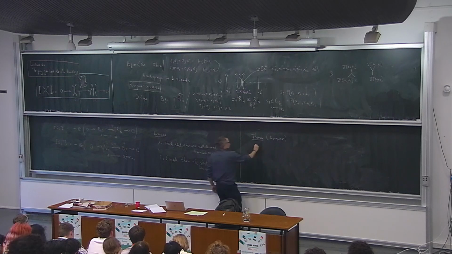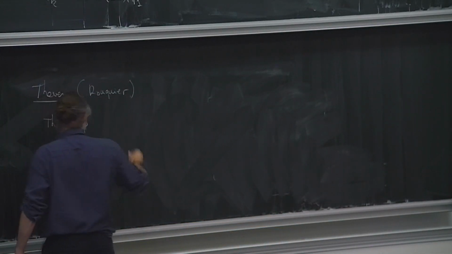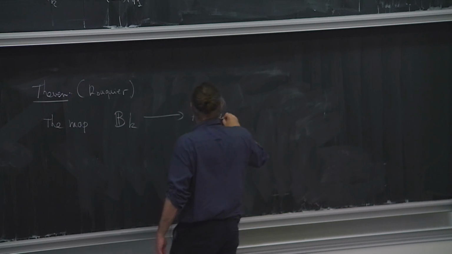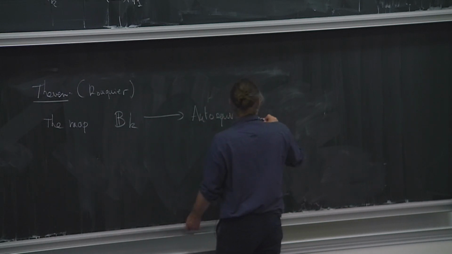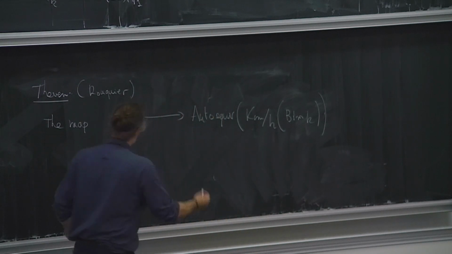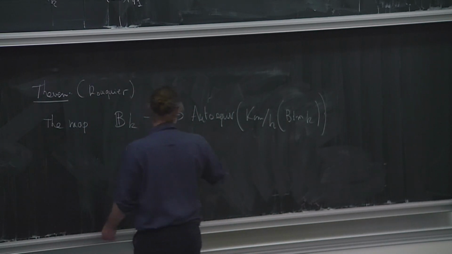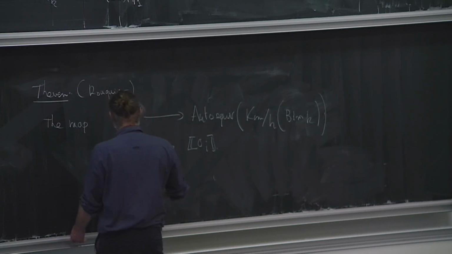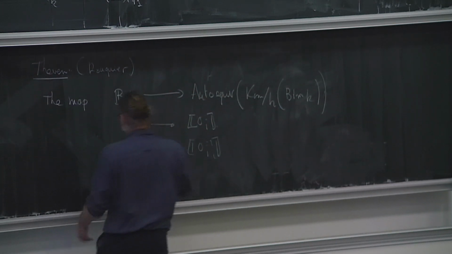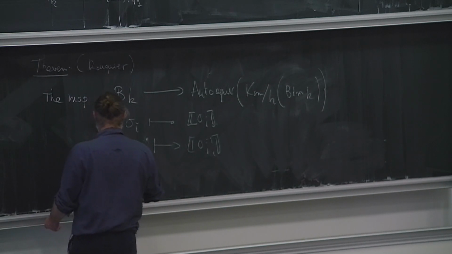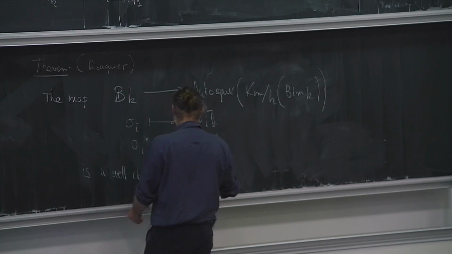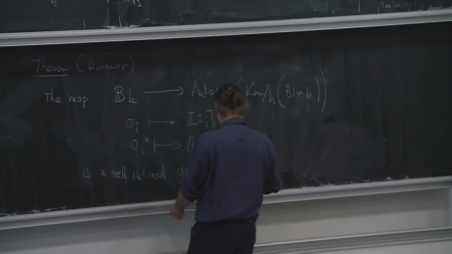The map which goes from the braid group into the autoequivalences of this complex of bimodules, which sends what you expect, sigma I goes to sigma I, sigma I inverse goes to sigma I inverse, is a well-defined group homomorphism.